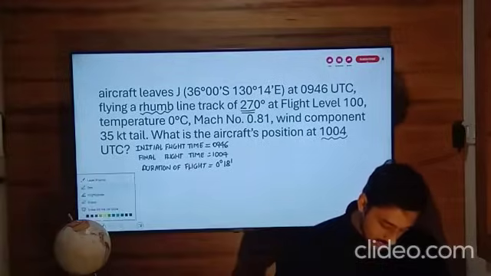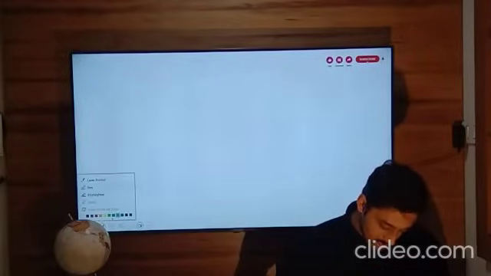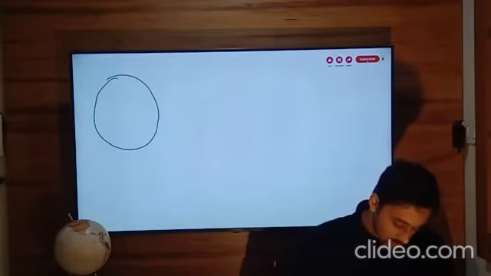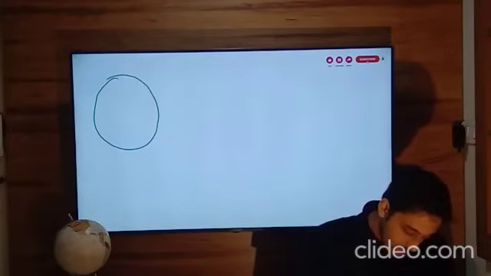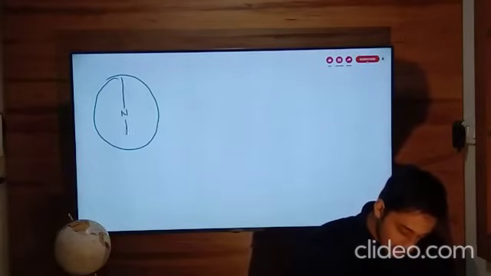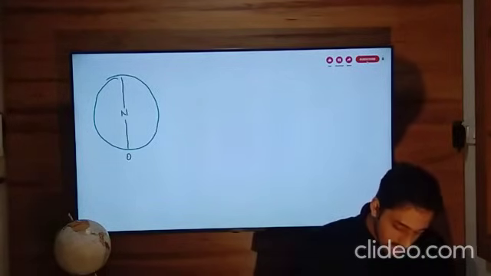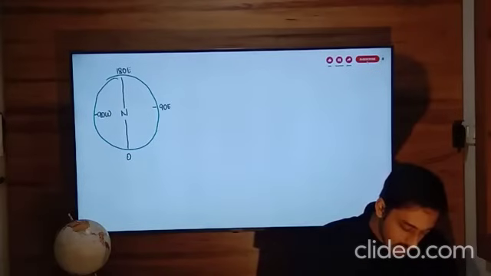So that means let's draw this earth on the next page. Always when we are talking about longitudes, we have the same diagram: North Pole, 0 degree, 90 east, 90 west, 180 east and west.